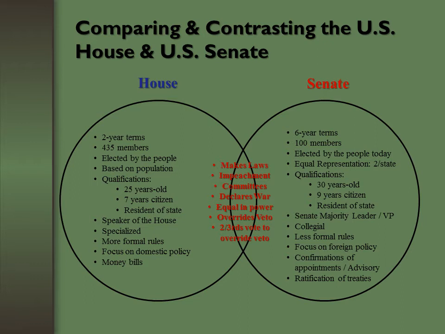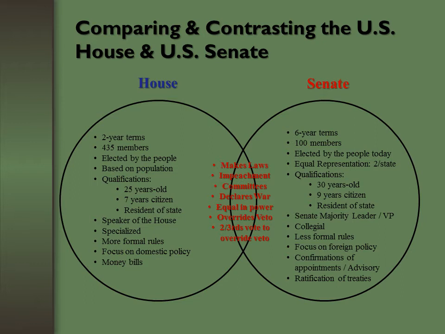If you go back to the House of Representatives, what you'll also see, and this is very important for you to note, is that the House is much more specialized than the Senate is, and as such, it has more formal rules. Unlike the Senate, that operates using less formal rules, it's much more collegial, in fact.